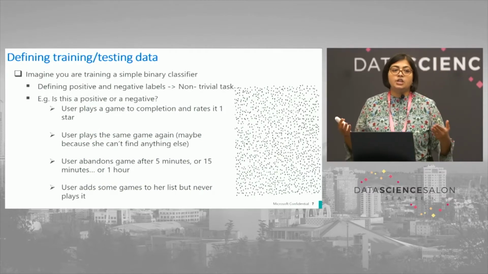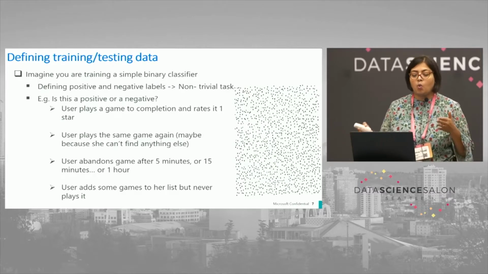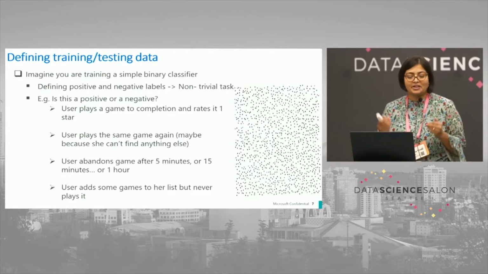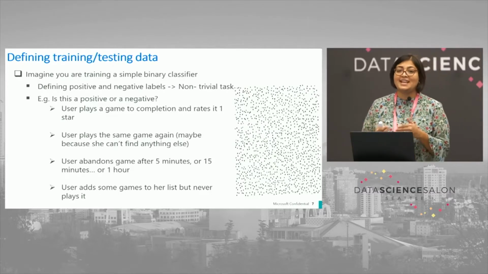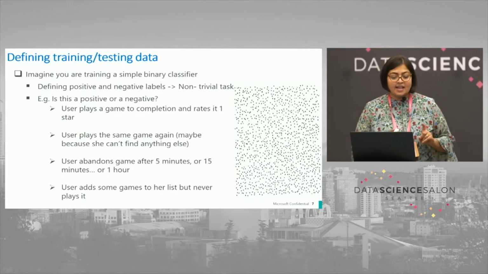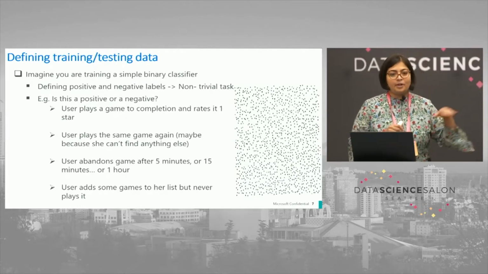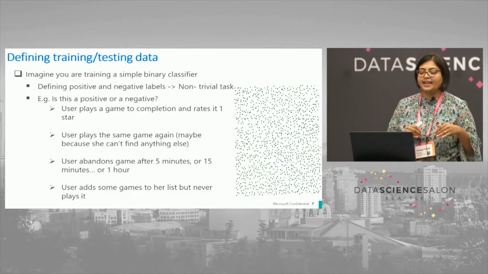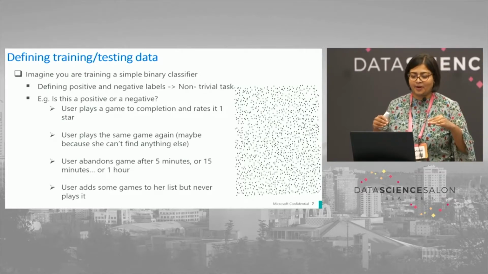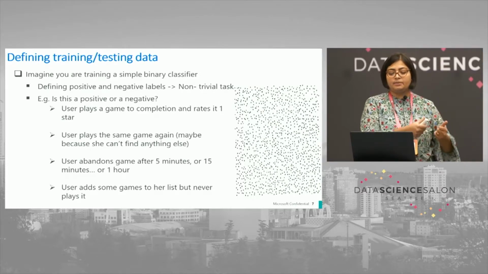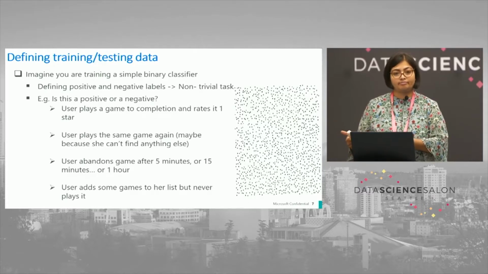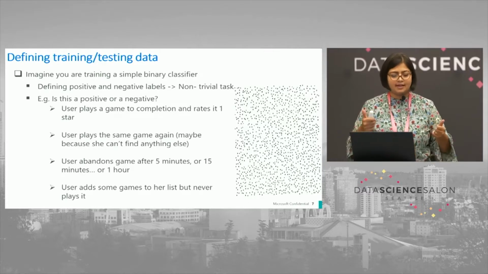Training and testing data. As I already said, if you're developing a binary classifier, you need to be very sure what your positive and negative examples are. It's a non-trivial task. Let me give you an example from the Xbox team. Is this a positive or a negative example? A user plays a game to completion and rates it with 1 star. Maybe that's a negative.